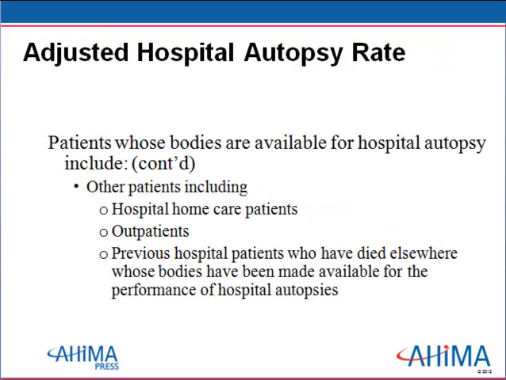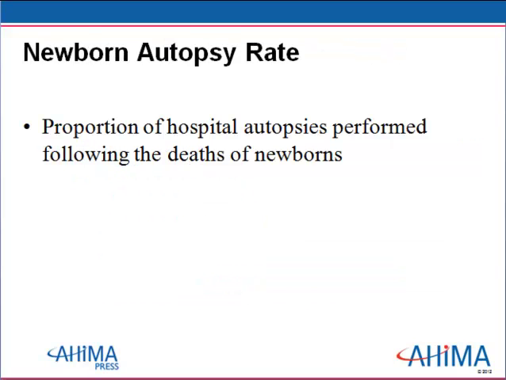Other patients, including hospital home care, outpatients, and previous hospital patients who died elsewhere and whose bodies have been made available for the performance of an autopsy, these are considered available for hospital autopsy.